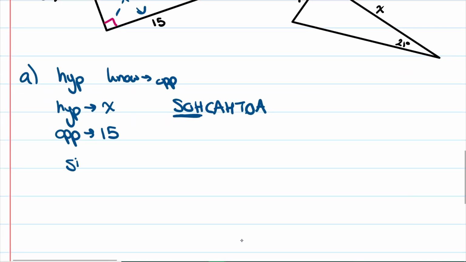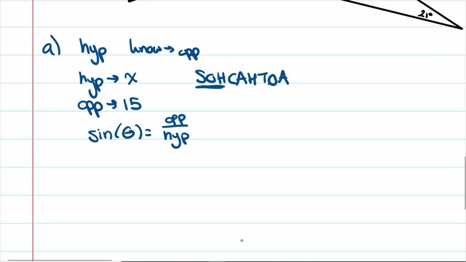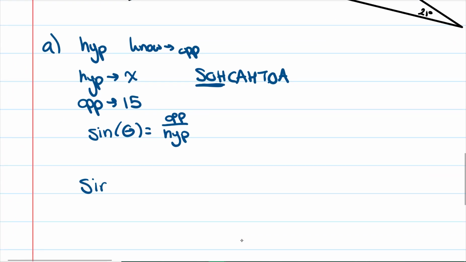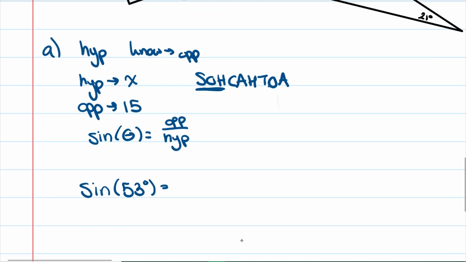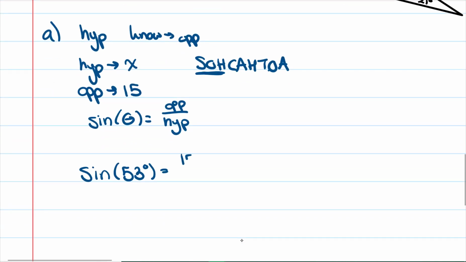So I'm going to go sine of theta is equal to opposite over hypotenuse. So sine of 53 degrees is equal to opposite, which is 15, divided by x.